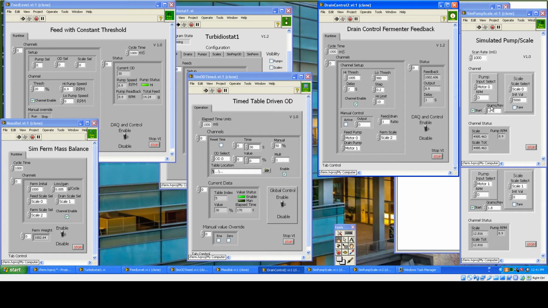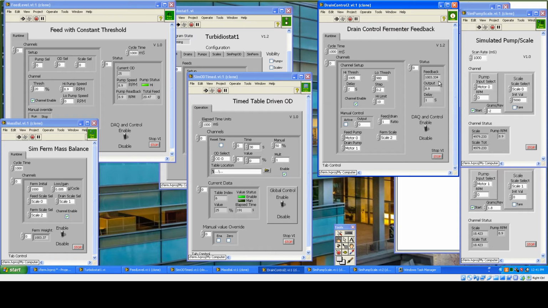Again, the reminder here, we're feeding just slightly faster than we're draining. And so we expect this value to go up over time because there's a mismatch. And in this case, there's both a mismatch and an extra feed coming in from this fermenter mass balance.